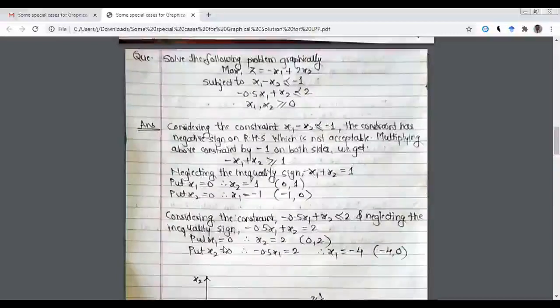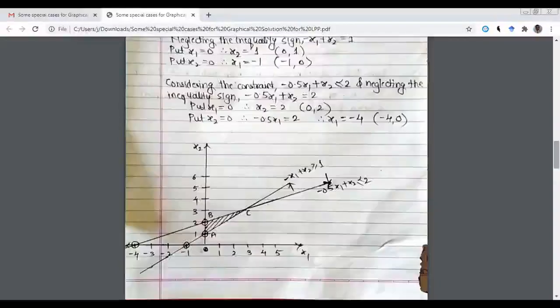Put x1 = 0, therefore x2 = 2. So you get (0, 2) here. If you put x2 = 0, you get x1 as -4, so (-4, 0). Getting the answer in this fashion is very simple.